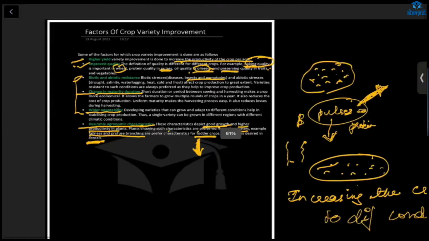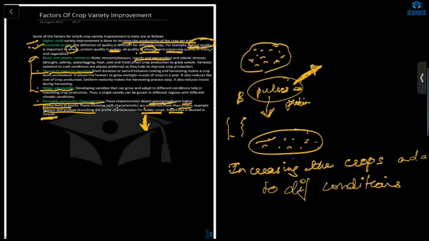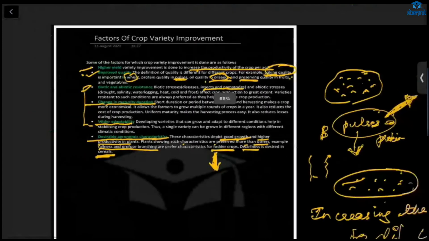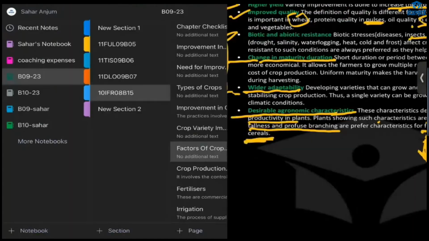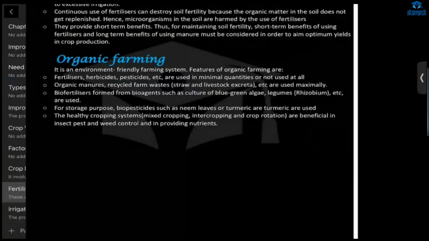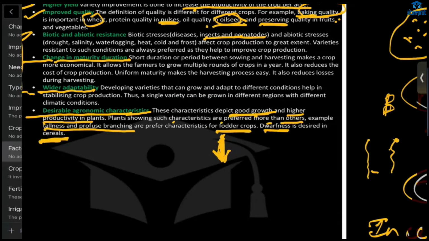So these are the factors of crop variety improvement: first is higher yield, then improved quality, then biotic and abiotic resistance, then changes in maturity duration, wider adaptability, desirable agronomic characteristics. Okay.